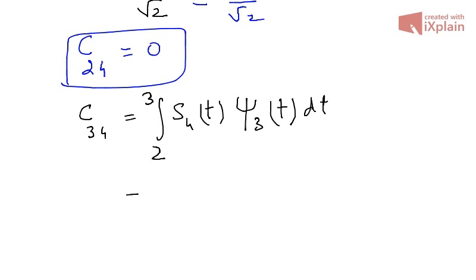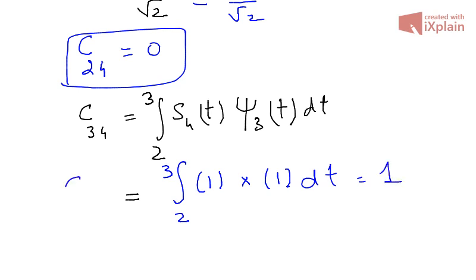From 2 to 3, S4 is unity, and psi 3 is also unity. So if you integrate it, you would get 1. So C34 is 1.